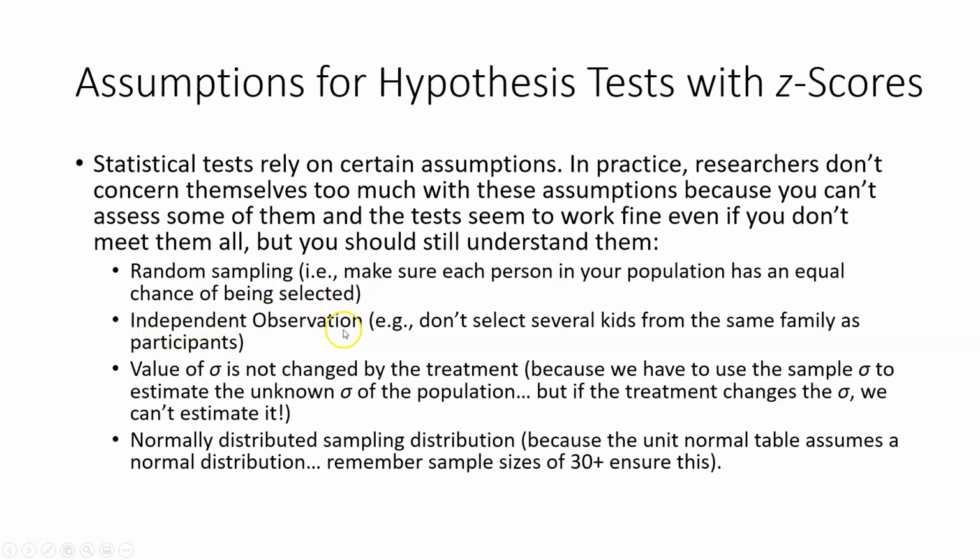These are independent observations. Again, we learned about that before, that independent, before random sampling, means that you replace the person before you draw them again, and it also means that the people that you drew weren't related to each other. Now, I've given an example here, like you don't select several kids from the same family as participants, but it's not just family relations I'm talking about here.